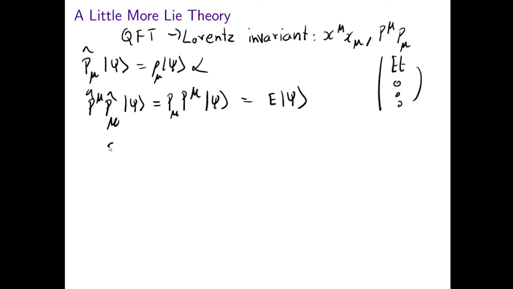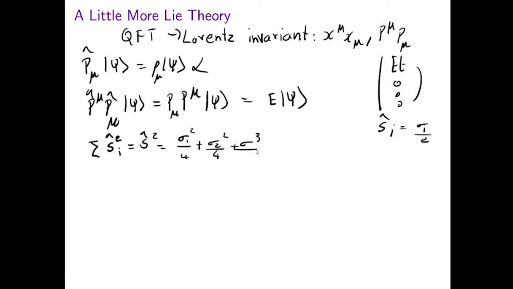Interestingly enough, if I square my spin operator, where my spin operator was defined as S_i equals sigma_i by 2, if I square it and sum it over all the i's, and I define this as S squared, it's just sigma 1 squared by 4 plus sigma 2 squared by 4 plus sigma 3 squared by 4.